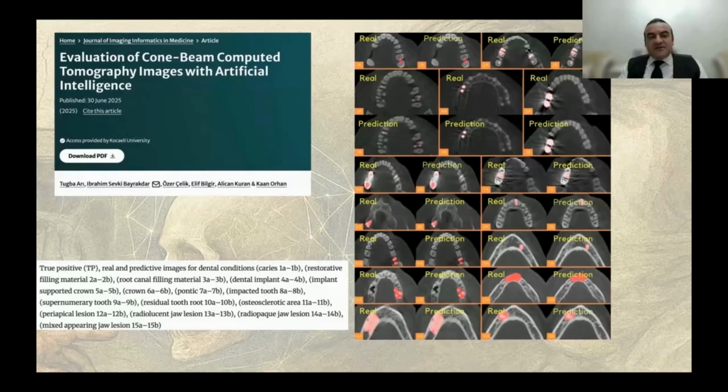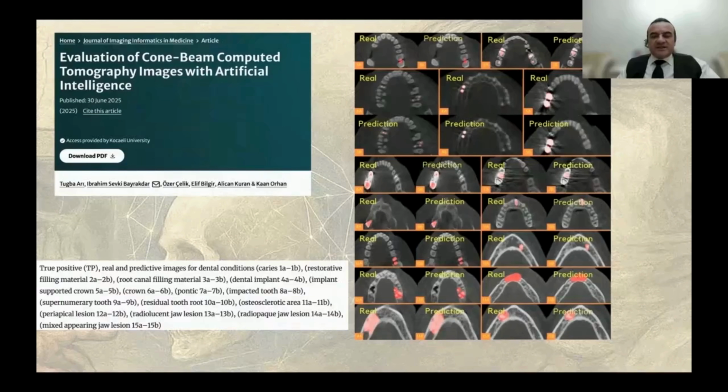In this study, we also looked at different kinds of dental conditions. Remember that in the cranial cage, we can evaluate over 30 different kinds of pathologies, but we can also evaluate these types of pathologies in CBCT images, like caries, restorative filling materials, root canal, pontic, implant, tooth, and so on.